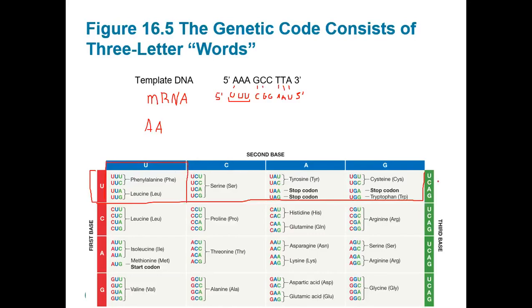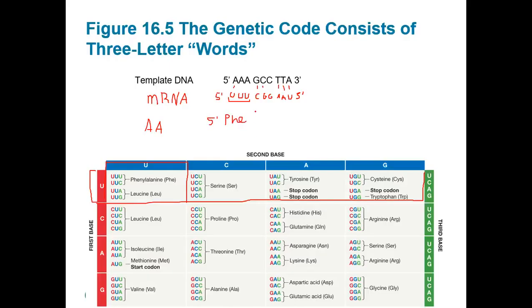And then if we look within, you could look over to the third base, but at this point I usually just look into that little section of our chart, and you'll see UUU codes for phenylalanine. So that is our first amino acid, and I'm keeping with my directionality, because that's important.